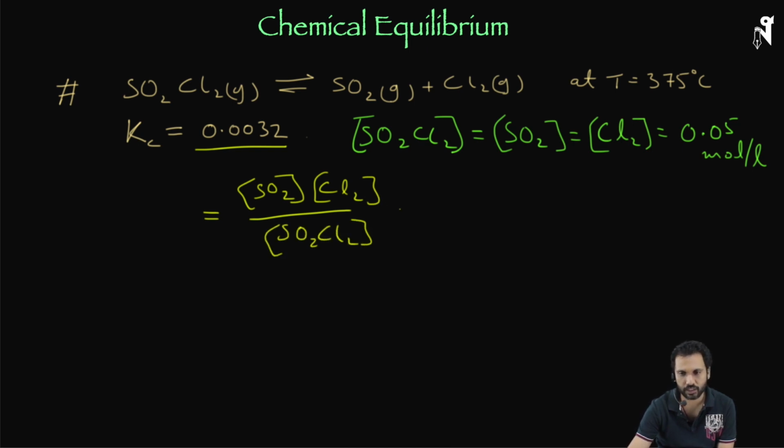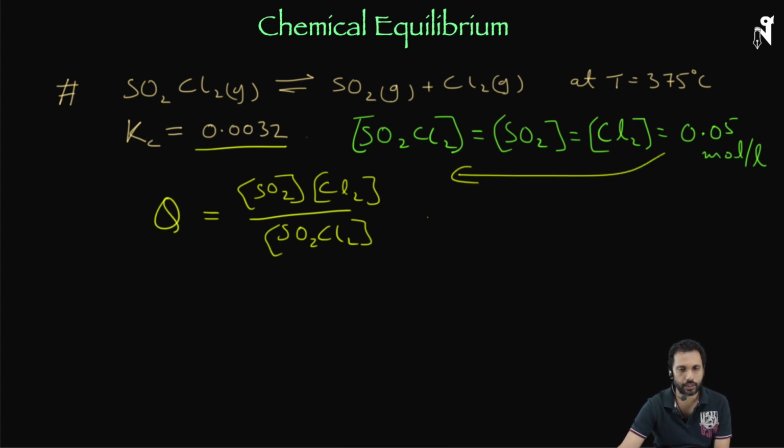When we put in these values of 0.05, then the left hand side will be called Q and not K, because we are not sure whether it is at equilibrium or not. So when we do that, what do we get? We get 0.05 into 0.05 divided by 0.05, which is 0.05.